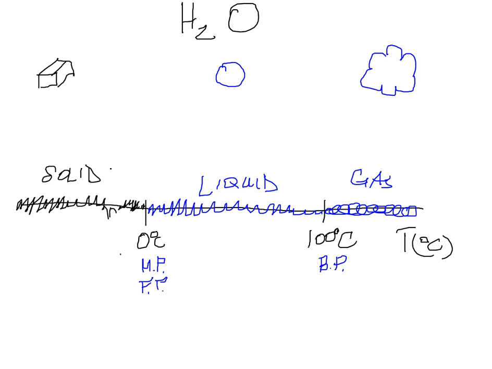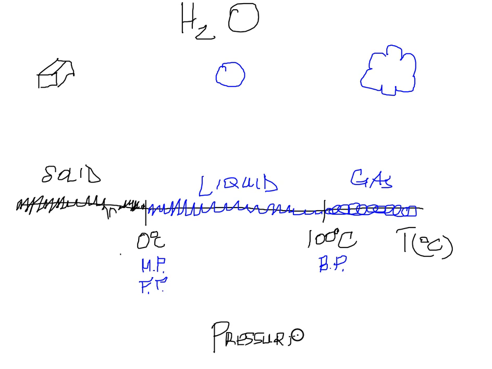Now, the other point that we actually haven't really paid any attention to here is the fact that these changes in state, changes in phase, they also are affected not only by temperature, which is the single variable that we're showing here on the horizontal axis, they're also affected by pressure.